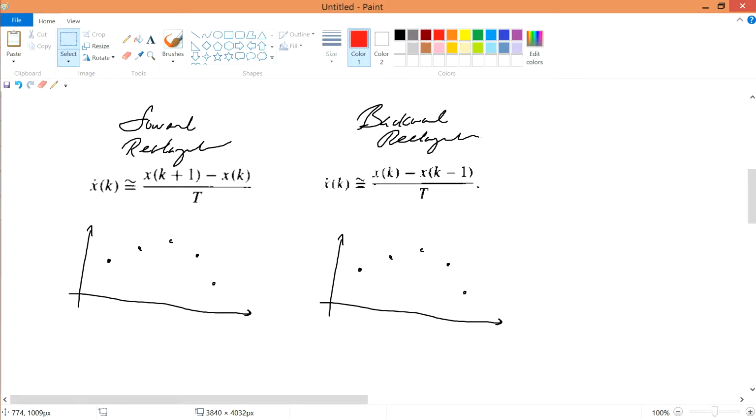A more visual way is that the forward rectangular method is simply you're taking the calculation going in this direction, while the backward rectangular method is you're calculating from the backward direction. I should connect all the points, something like that. And we're calculating in the backward direction.